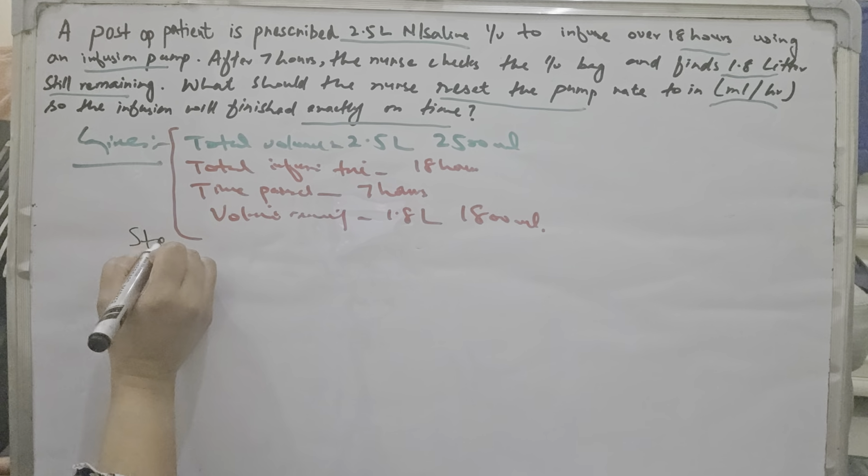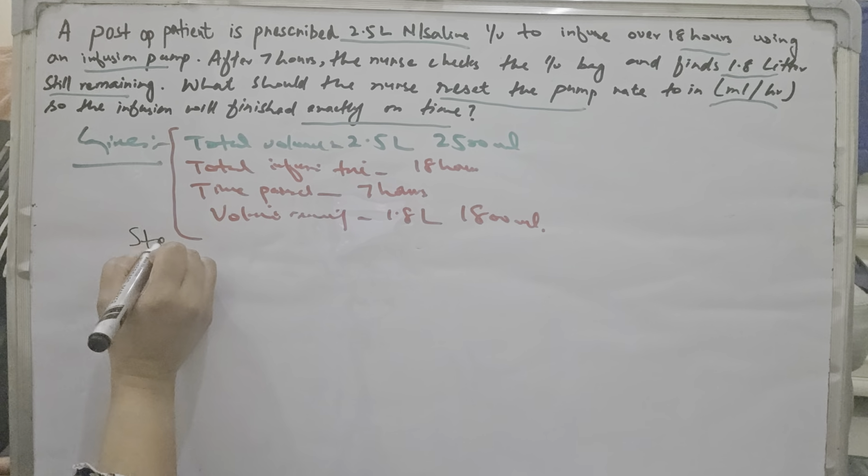Elapsed means already used, time already finished. The total time is 18 hours, and 7 hours have already passed. So 18 minus 7 equals 11 hours. So we still have 11 hours. Now we have to reset the pump, so the remaining 1800 ml should be infused in 11 hours.